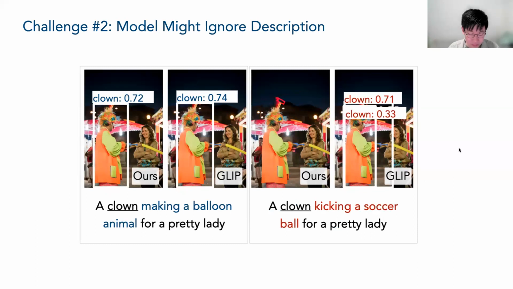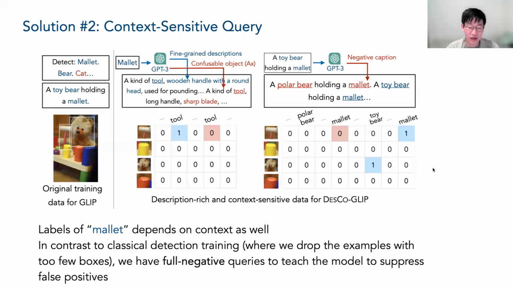This is an artifact created during pre-training, where you don't include any negative data. That design resulted from traditional object detection, where you don't give negative queries; you always try to keep all the boxes you can find.